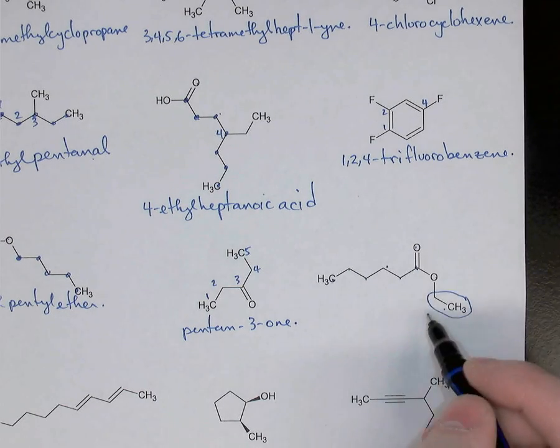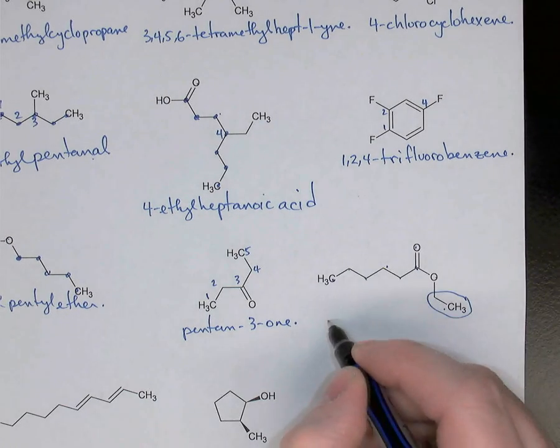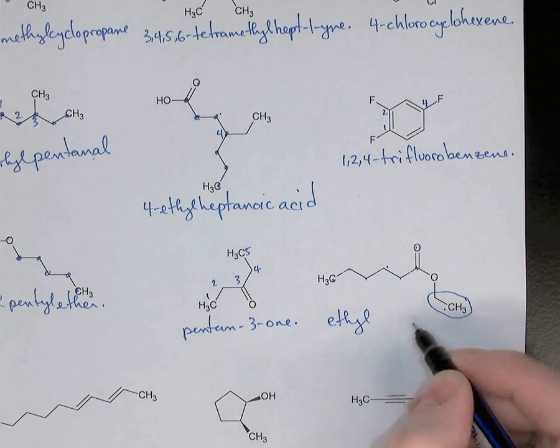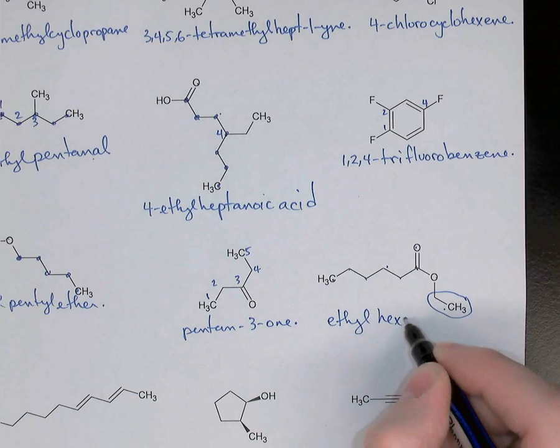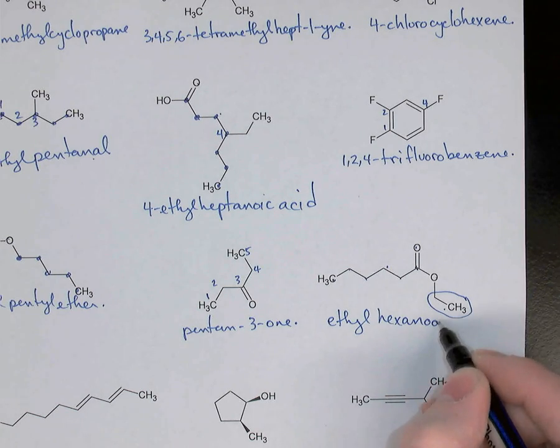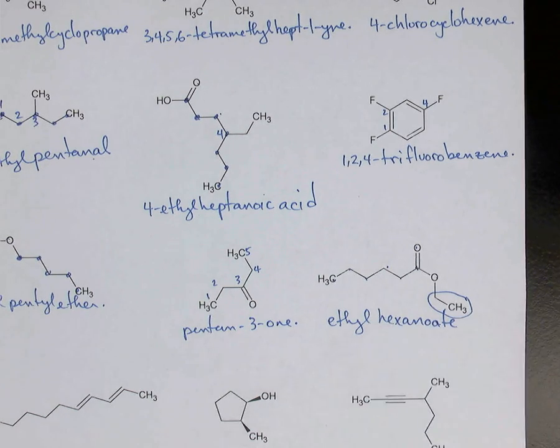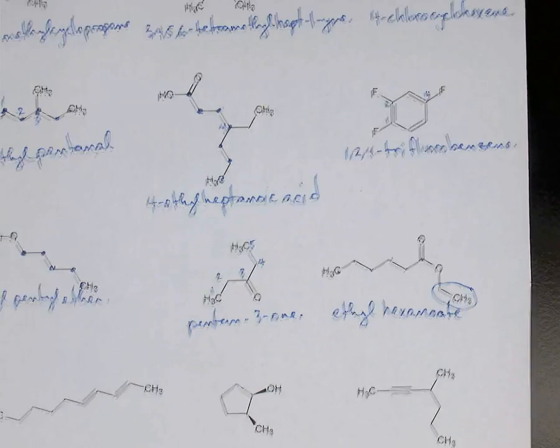The name of the ester, we name this first, is ethyl, and hexanoic acid would become hexanoate when you have an ester. Ethyl hexanoate.